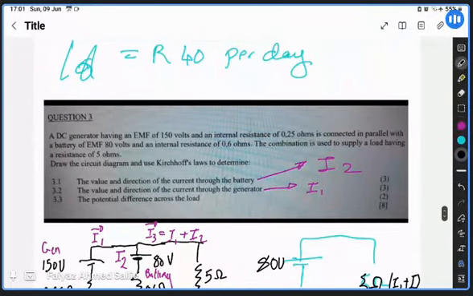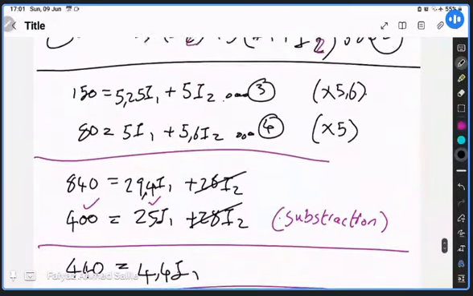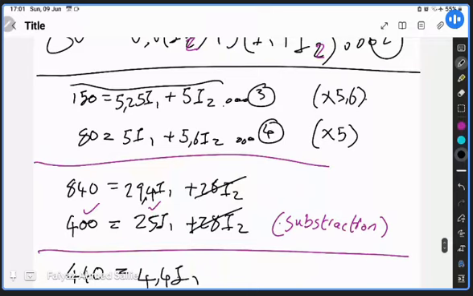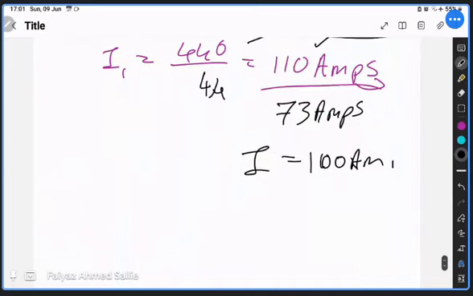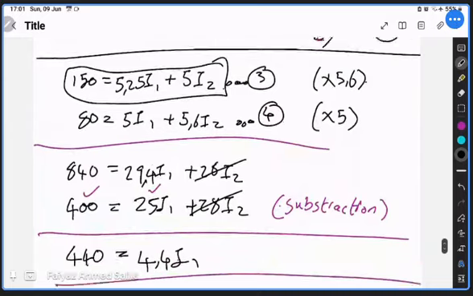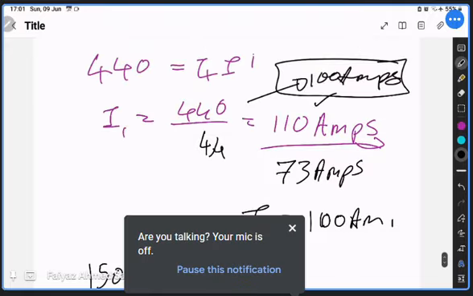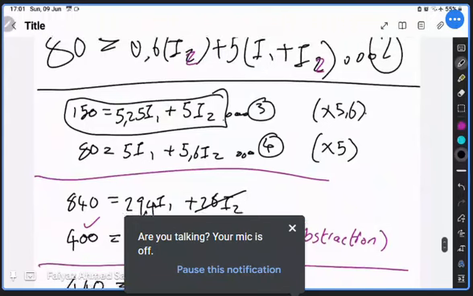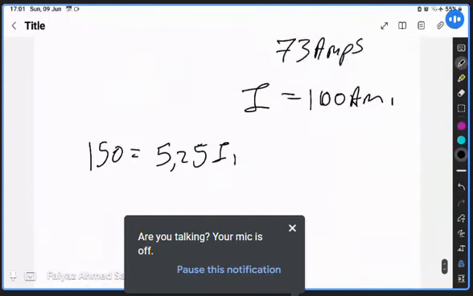They wanted I1 through the generator, so now I2. To calculate I2, you can just substitute into any of these formulas. So we can say that 150 equals 5.25 I1 plus 5 I2.